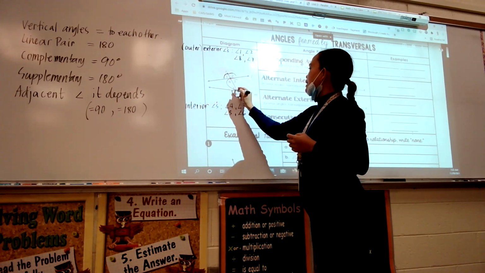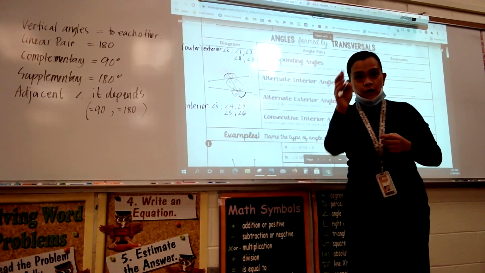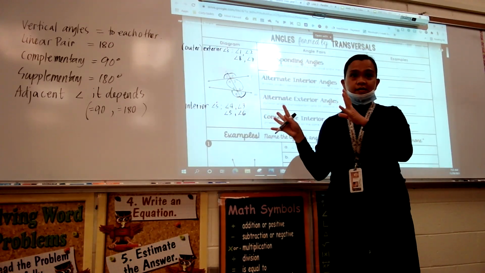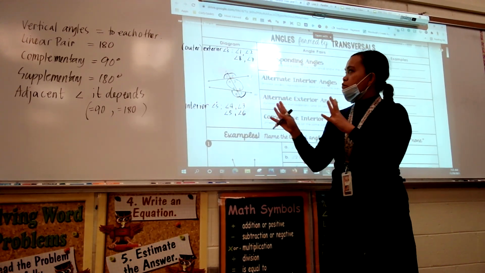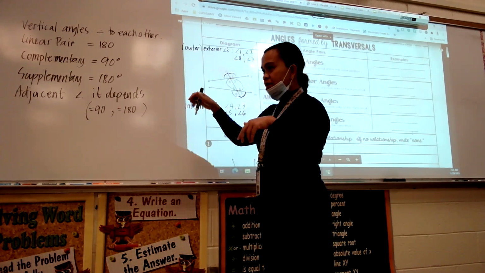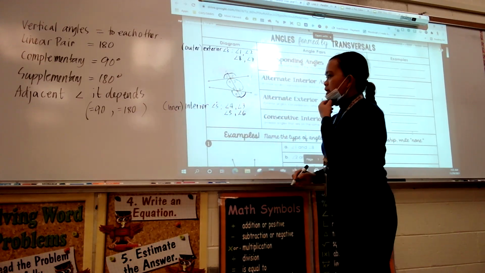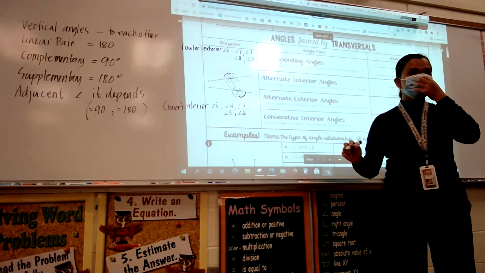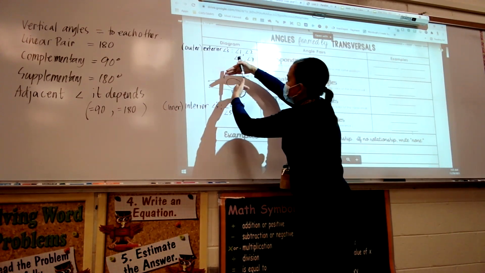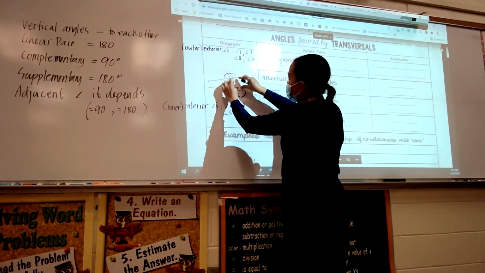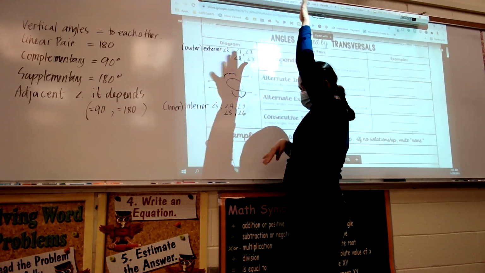These are the ones inside. Put it there because you will need this. Trust me. Outer, inner. Are we good? Inner is in between the two lines. Outer are those outside.